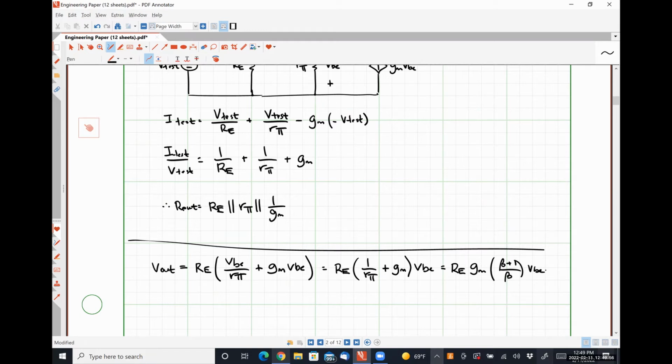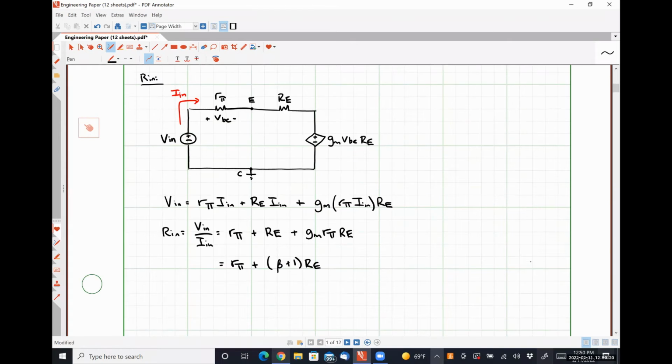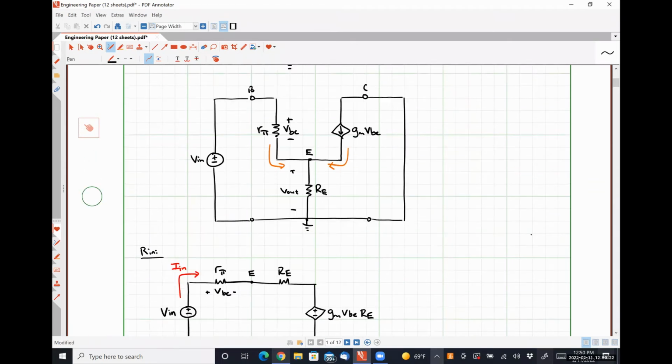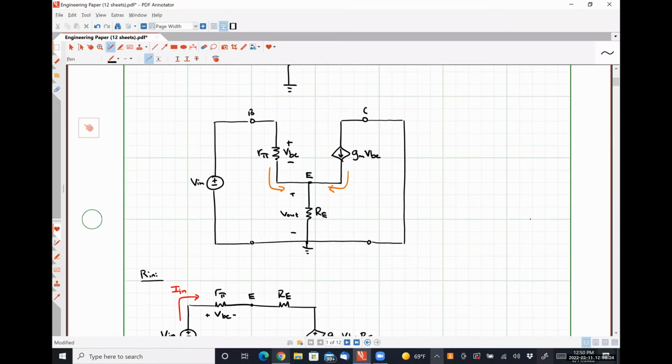Just to be clear here, if I pull this GM out, I have 1 over beta plus 1, which is the same as beta plus 1 over beta. All right, so now let's look at what V pi is. Or excuse me, VBE.